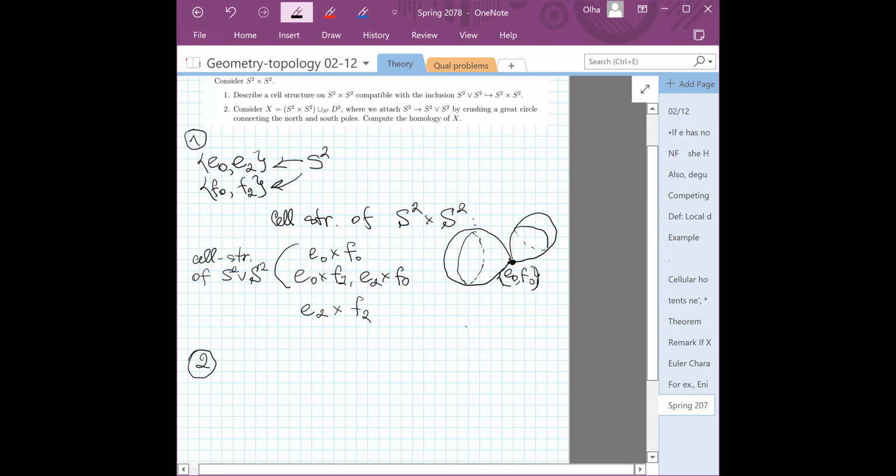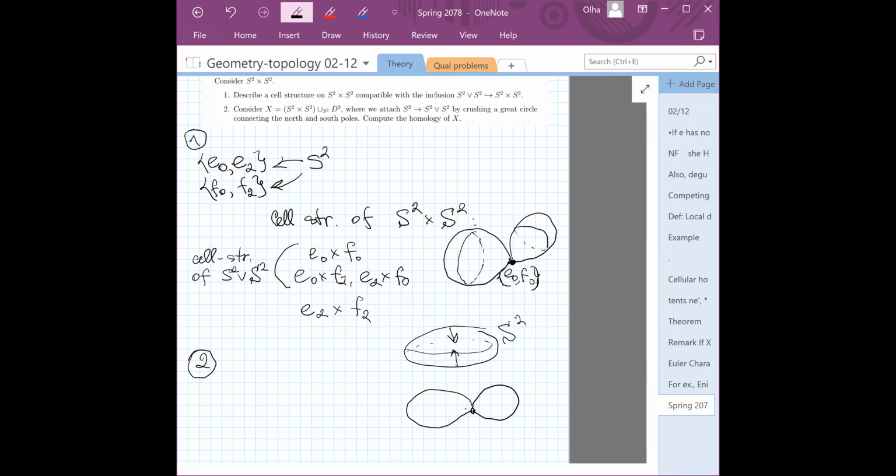Okay, so I guess what's happening is, to attach this S2, we're crushing it together like this, and then gluing it to the 2 skeleton, which we know is the wedge sum of S2 and S2.